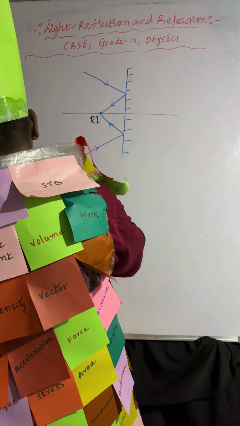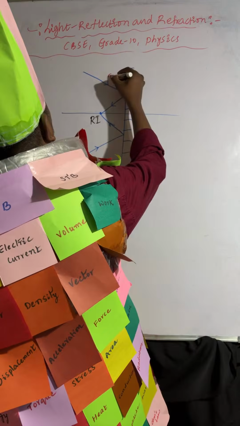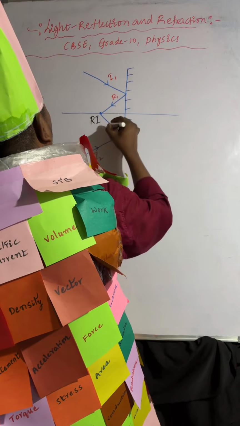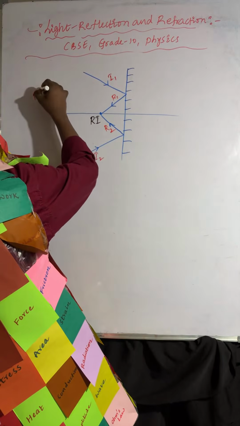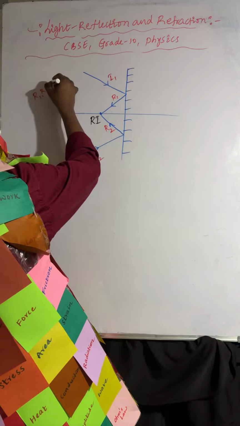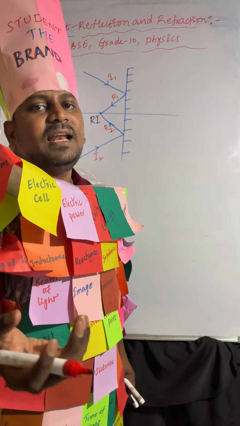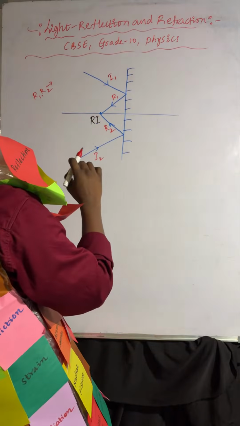So what is this one? You can observe here. This is I1, I2 incident rays, and R1, R2. Here R1, R2, the directly reflected light rays, are meeting at one point. So that is called a real image.